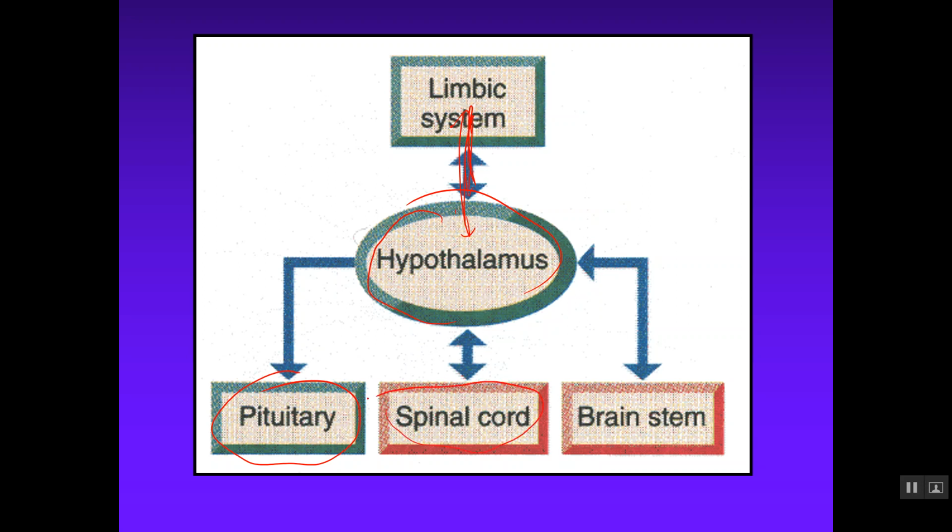Spinal cord, and that's via the dorsal longitudinal fasciculus, so DLF. But remember, there's also sensory information coming back to the hypothalamus. The DLF also has an afferent component to it that's bringing in information, but also the brainstem influences the hypothalamus both ways.